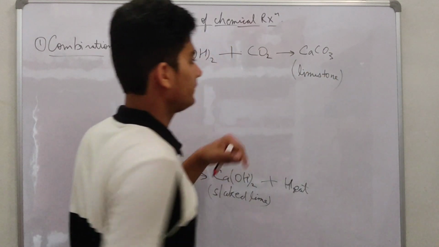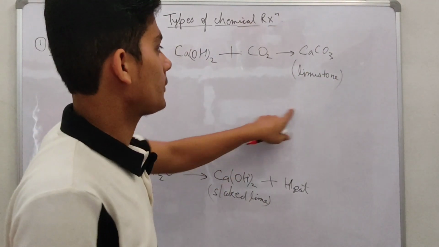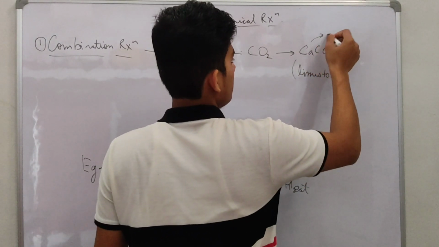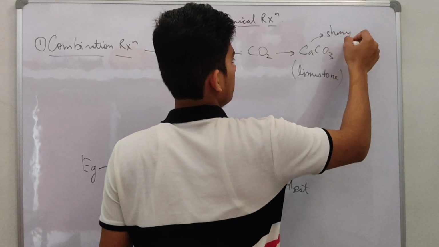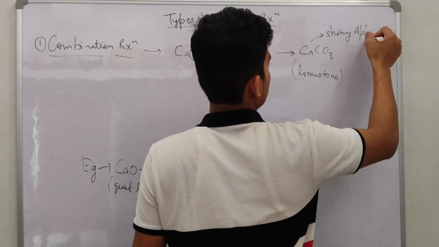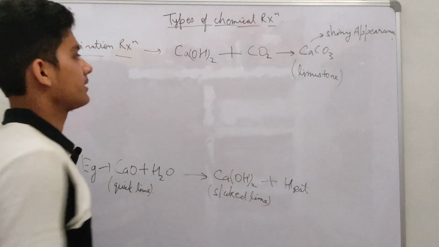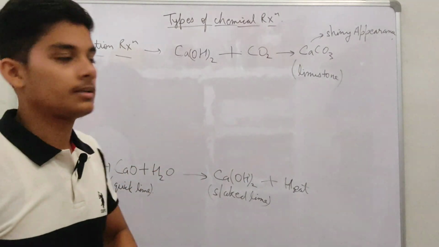This is called limestone. This process happens in approximately two to three days, and this CaCO3 gives a shiny appearance to the wall.